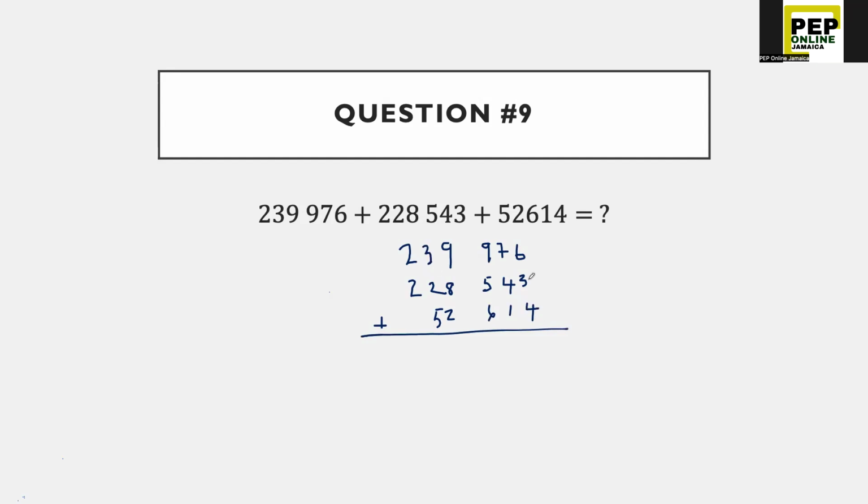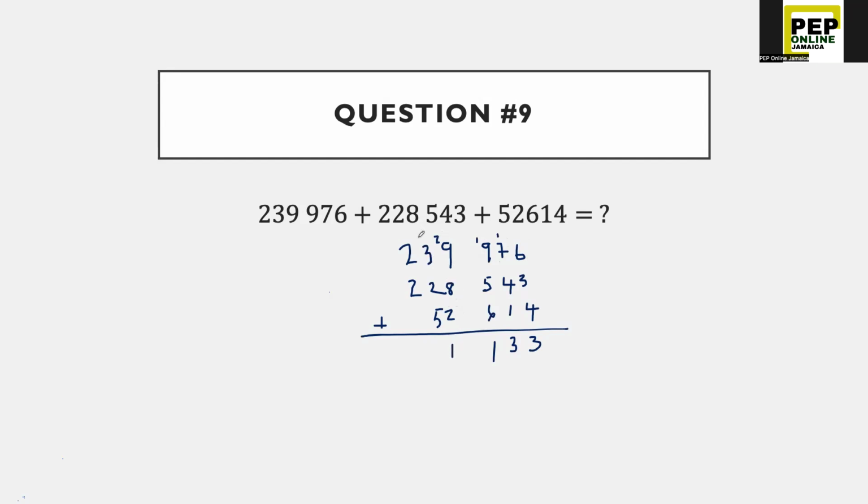4 plus 3 is 7. 7 and 6 is 13. So you bring your 3 right here. You carry your 1. 1 plus 4 is 5. Plus 7 is 12. And 1, 13. 6 and 5 is 11. Plus 9 is 20. And 1, 21. Right? 2 plus 8 is 10. Plus 9 is 19. And 2, 21. So it's 1.